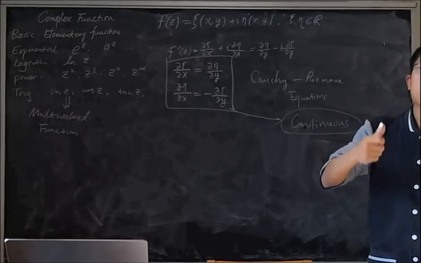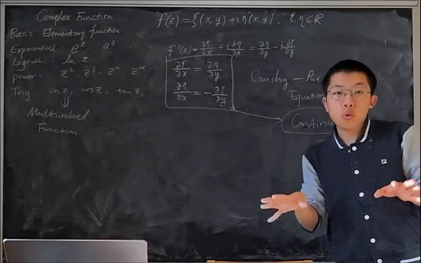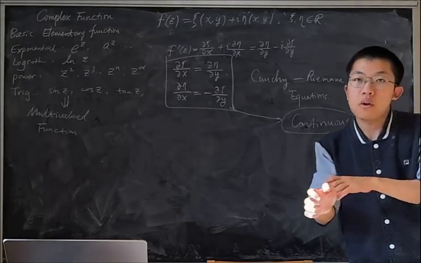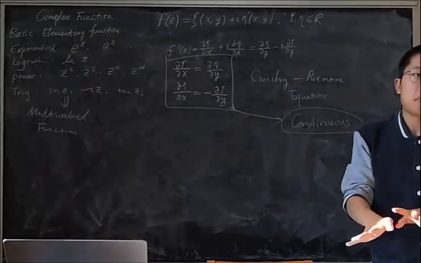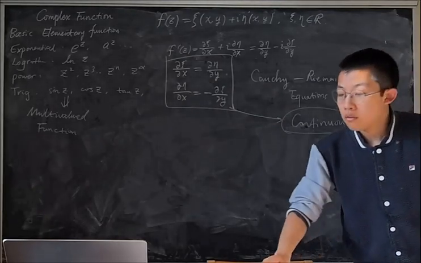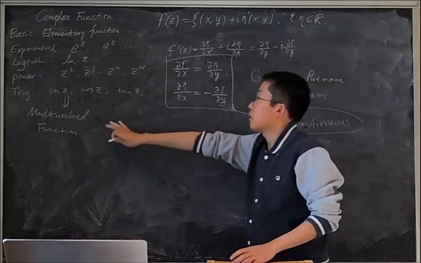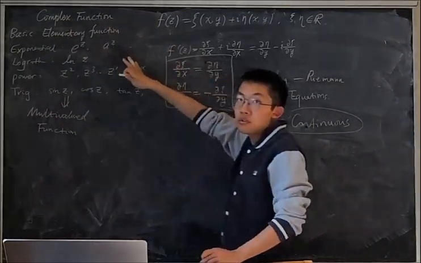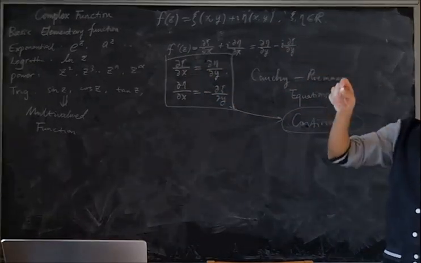But actually, the functions with derivatives are not only a very small number of the complex functions. All the functions I have listed in here, all the basic elementary functions, actually have derivatives.